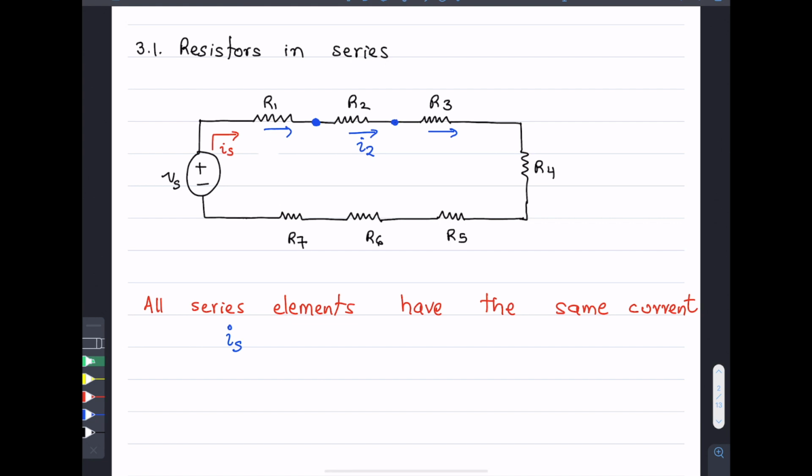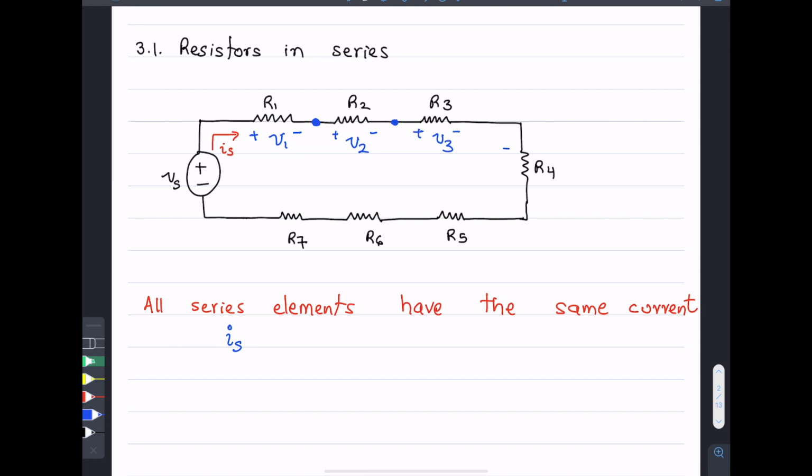But what is different though is the voltage that is dropped across each of these resistances. V1 is different from V2, which is different from V3.